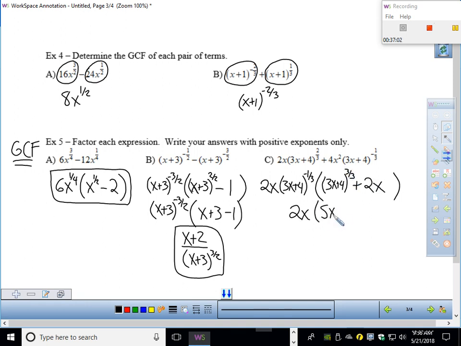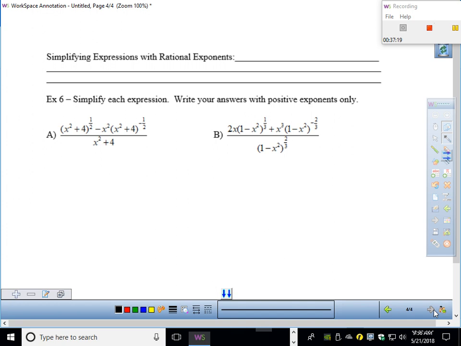So, long story short, again, it's 5x plus 4 over 3x plus 4 to the 1/3. All right, that's how it works. Really, really nice. Now let's get into the last couple.